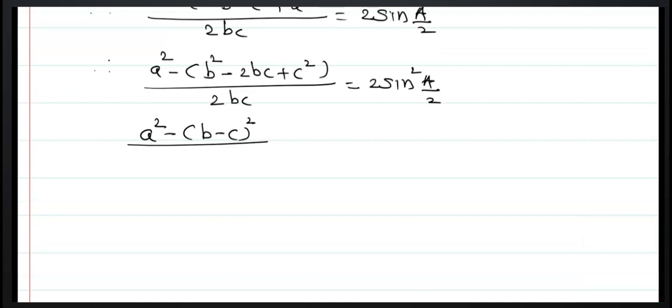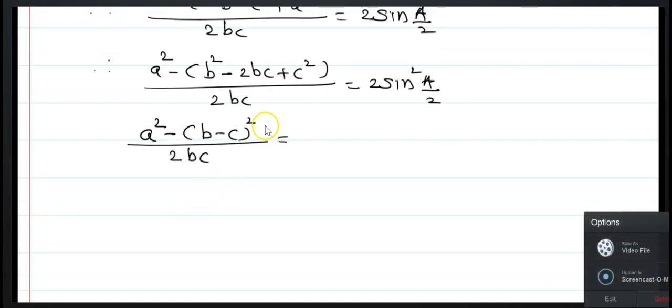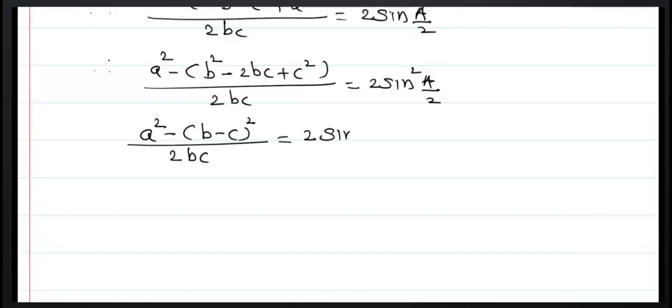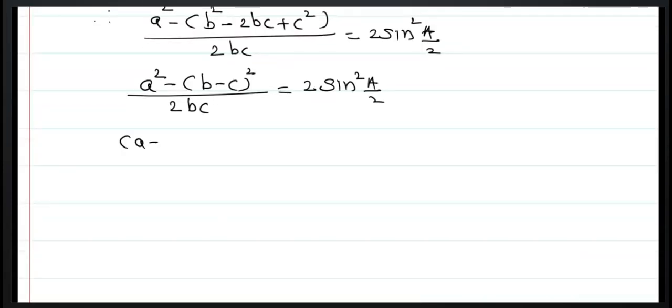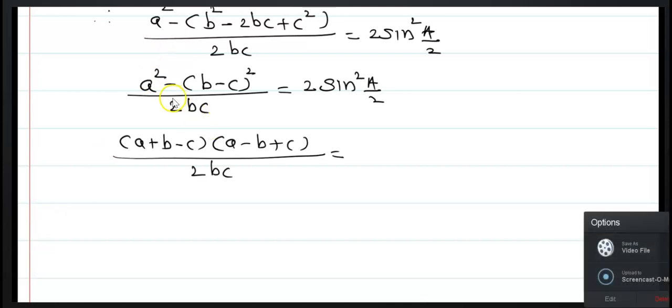That is, a square minus (b minus c) whole square upon 2bc equals 2 sin square (A/2). Therefore, you will get (a + b minus c) in the first bracket, and the second bracket is (a minus b plus c) upon 2bc, equals 2 sin square (A/2).